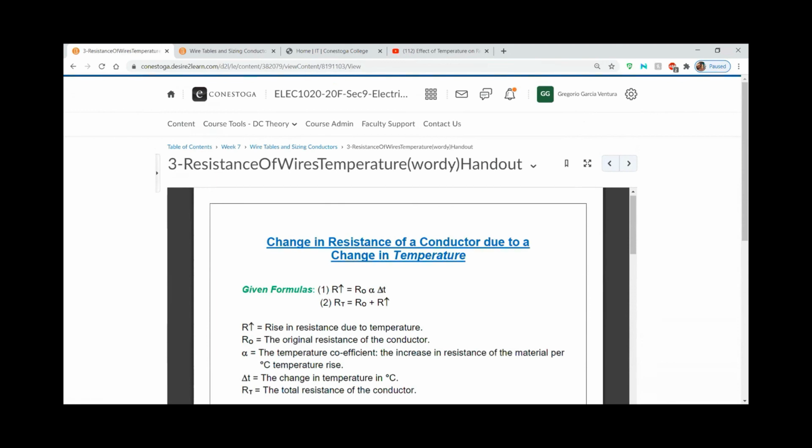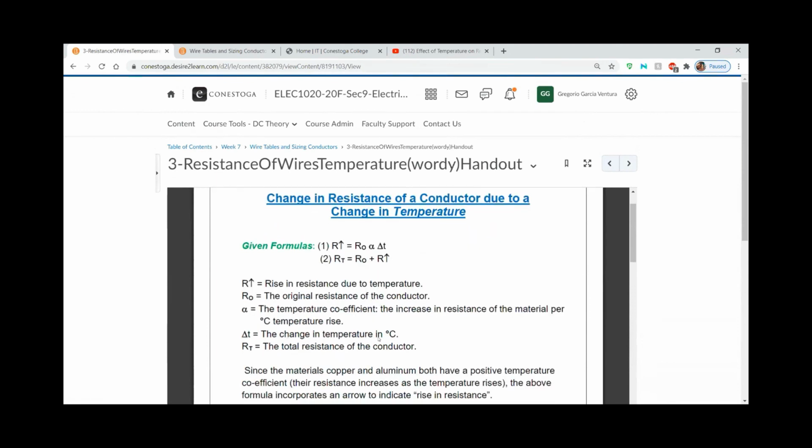This delta T indicates the change in temperature in Celsius. Oftentimes you might wonder, how do I find delta T? Delta T is going to be the change in temperature. Let's say that we have a conductor whose temperature increased from 20 Celsius to 40 Celsius.